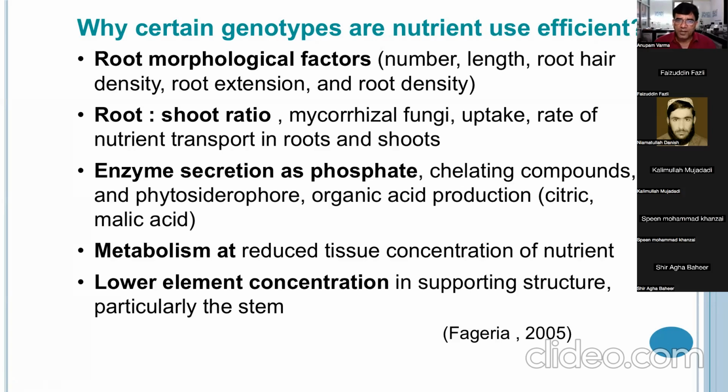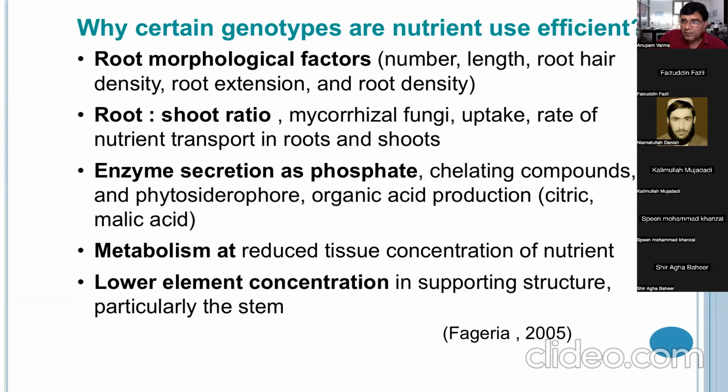Root shoot ratio I just discussed, and I was talking about rhizodeposition, means certain enzyme secretions such as phosphatase, and chelating compounds. Chelating compounds are the compounds which keep the nutrient in available form. They will keep the nutrients in available form, and certain phytosiderophores. They are also important, as is organic acid production.